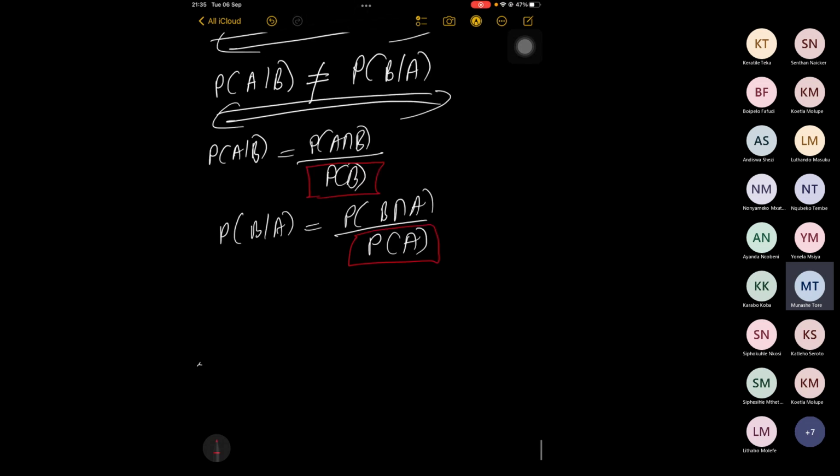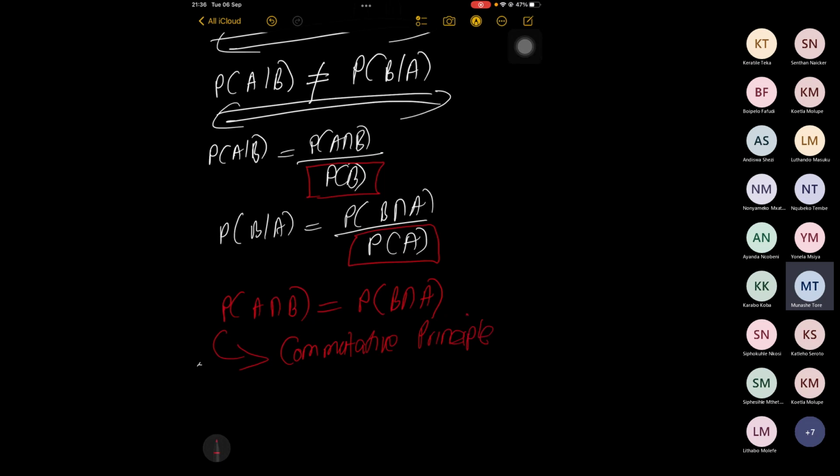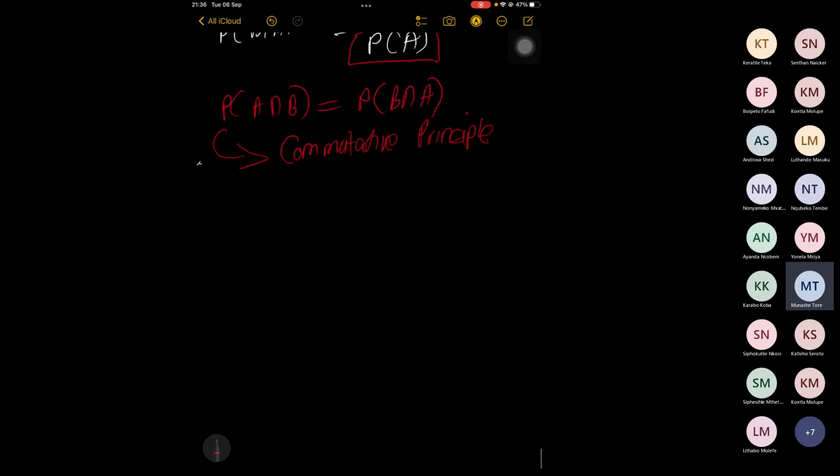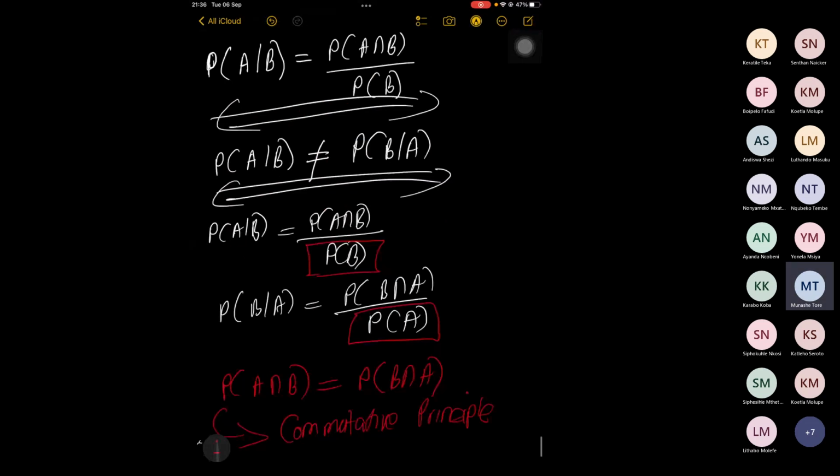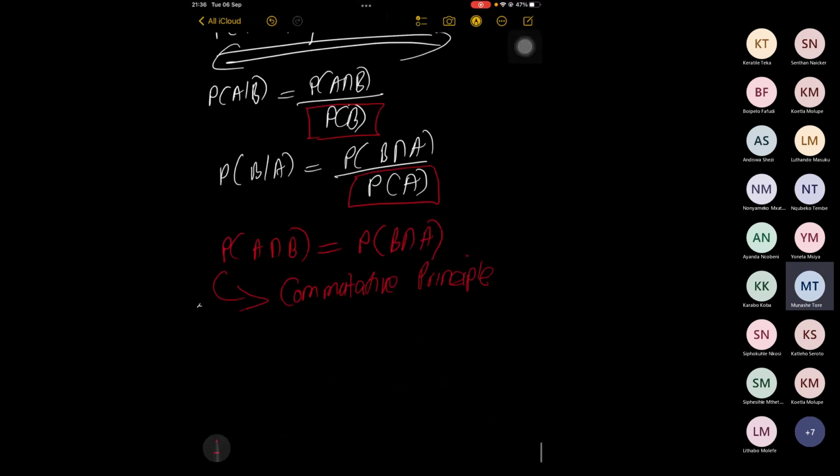The numerator is the same. Probability of A intersection B is the same as probability of B intersection A. I think this is from the commutative principle. I'm not sure, I don't remember the last time I did groups, but yeah. So please keep note of what you just did here.